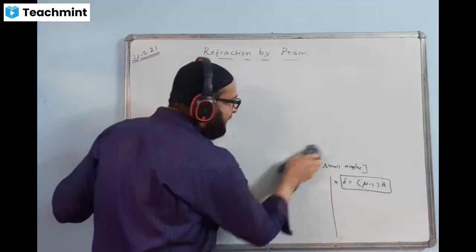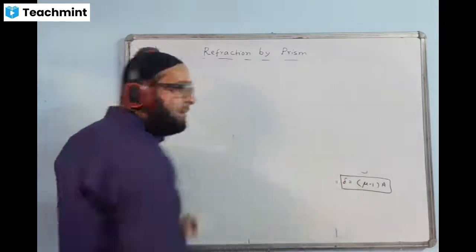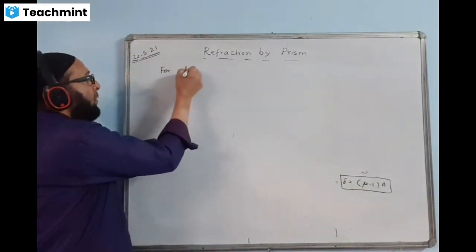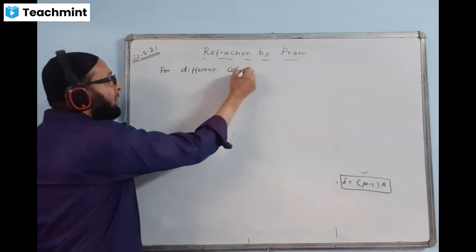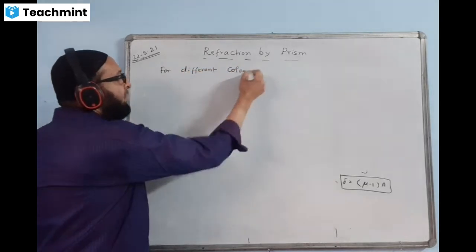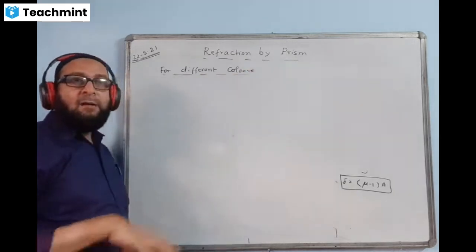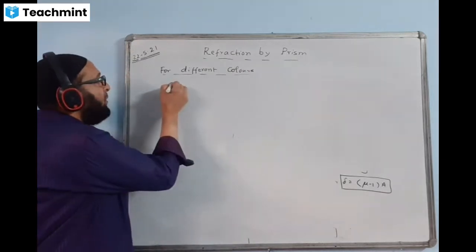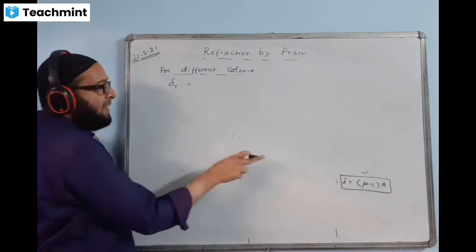Now the formula we have is delta is equal to mu minus 1 into A. Below this you write, for different colors, angle of deviation formula will be different. Let us write first for the violet, because violet deviates the most, because the refractive index of violet is maximum.